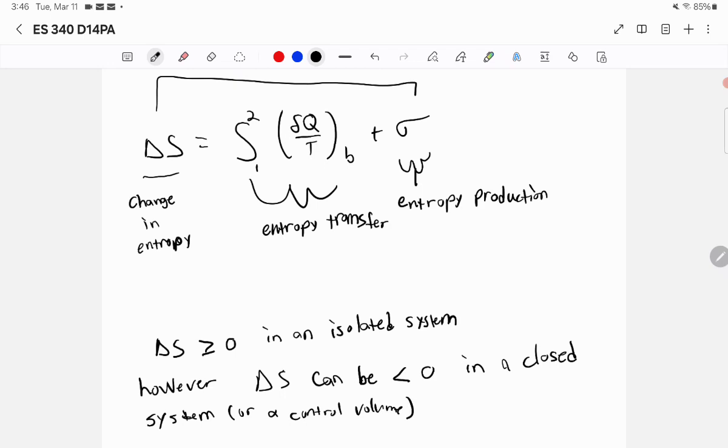So the trick here is that an isolated system has to have an increase or have the entropy stay the same at the very least. But a closed system can have this heat transfer, which could be negative, right? It could overwhelm the entropy production.